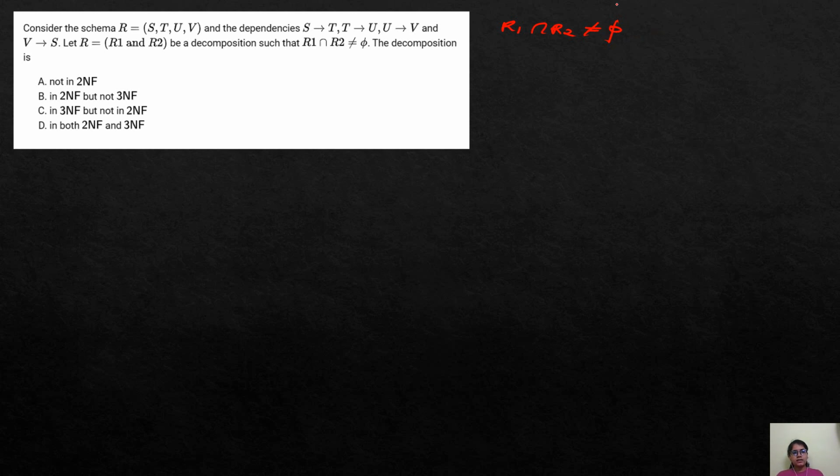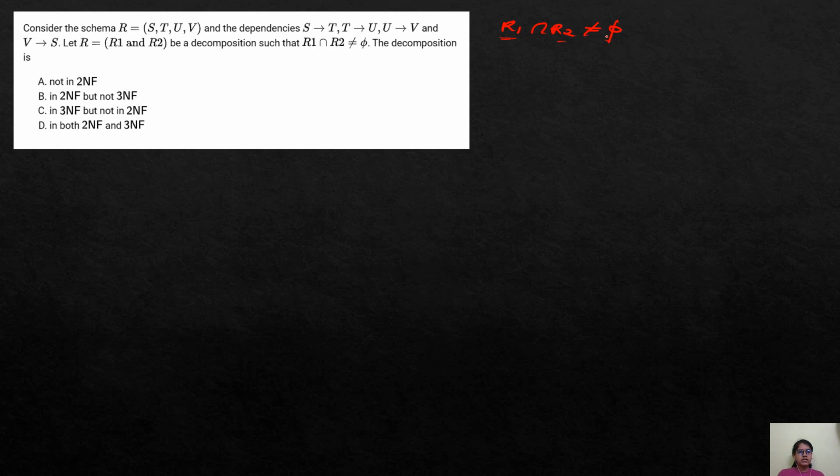And R1 intersection R2 will be key of the decomposed relation. What is the condition of lossless? Whatever common attribute is there, it should be a key at least of the decomposed relation, meaning it should be a key of at least R1 or R2. This is what lossless means.